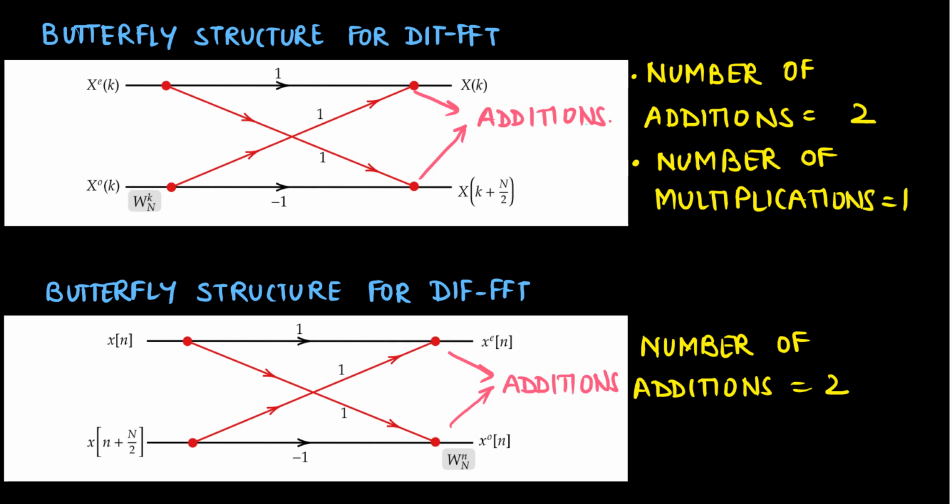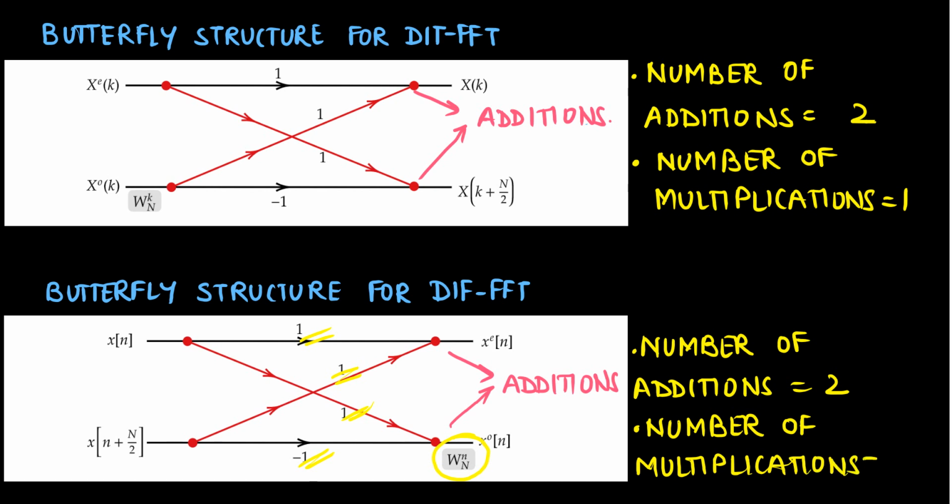Similarly, we have a multiplication here, and we are not going to consider the multiplications by these scaling factors. Therefore, the number of multiplications is 1.